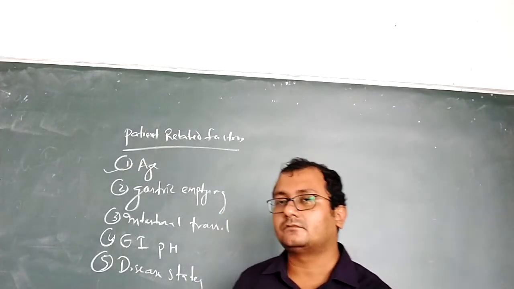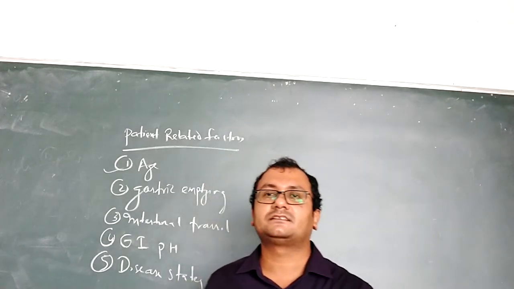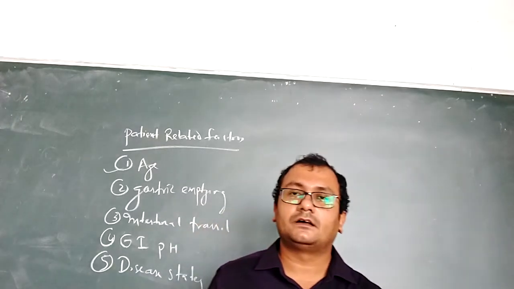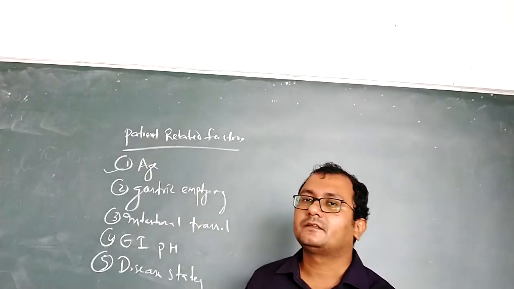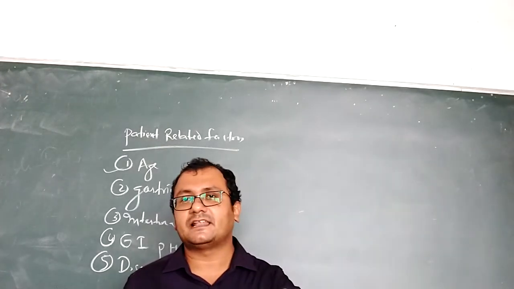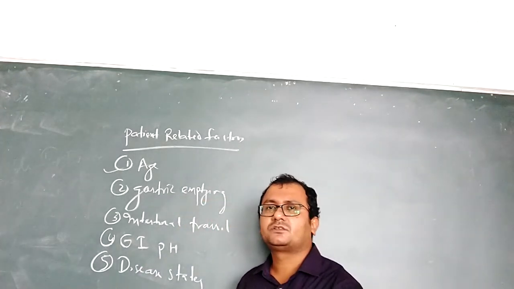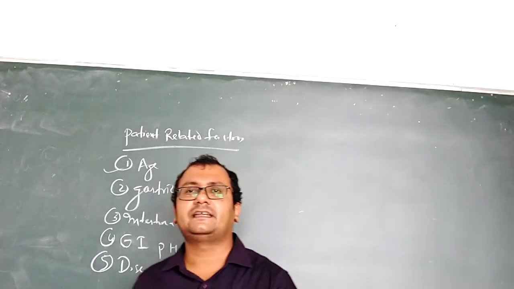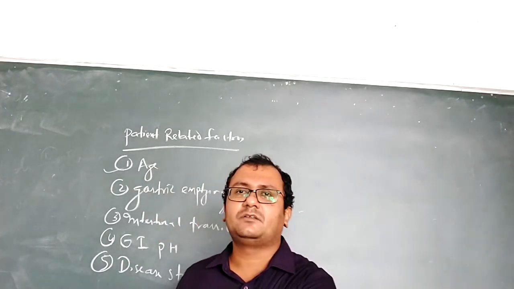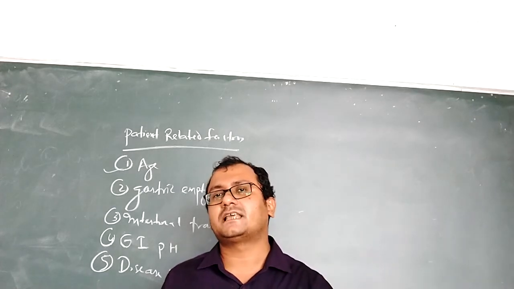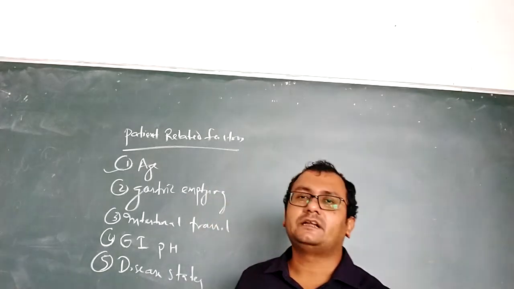Body posture means whether we are sitting, sleeping or standing, which also affects gastric emptying. If you are sleeping on the left side, the gastric emptying will be slower. If I am sleeping on the right side, the stomach and intestine will be in a particular line and food can pass easily from the stomach to the intestine.